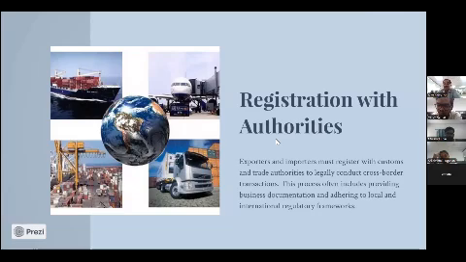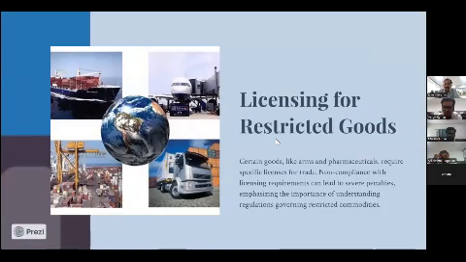Registration with authorities, exporters and importers. Licensing for restricted goods: certain goods like arms and pharmaceuticals require specific licenses for trade.